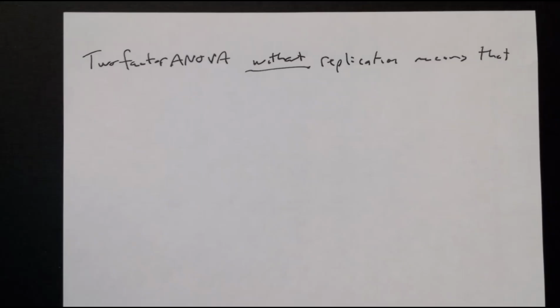Somebody tell me what either of them was about. Or use one of those examples to answer this question. What does it mean to do a two-factor ANOVA without replication? Leo: It would be where each factor combination is observed exactly one time. Once.